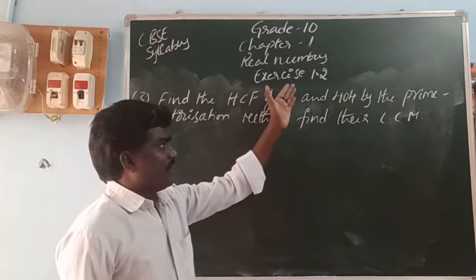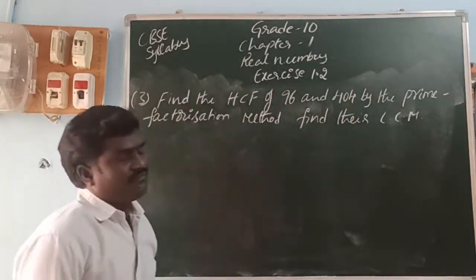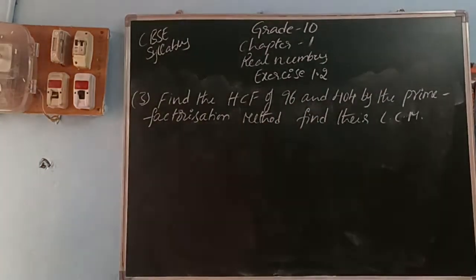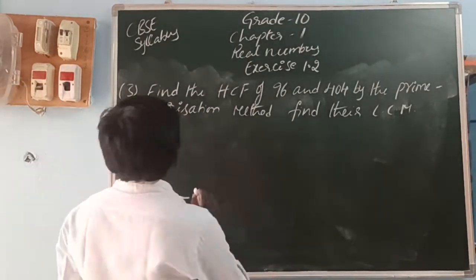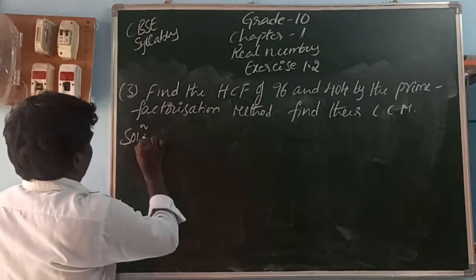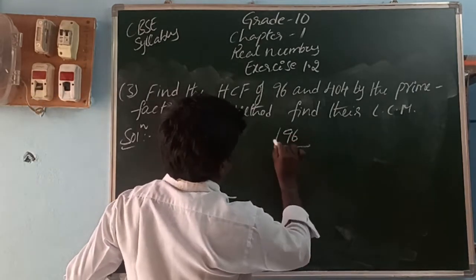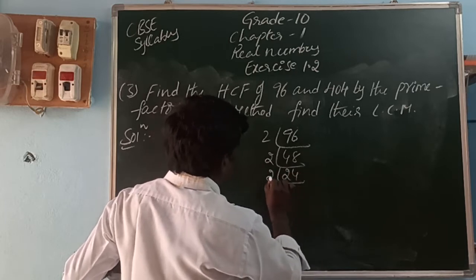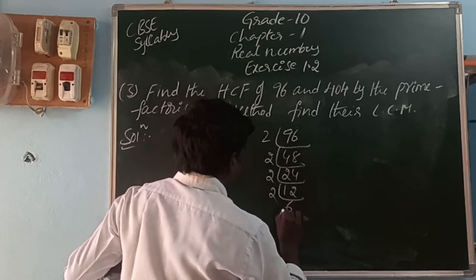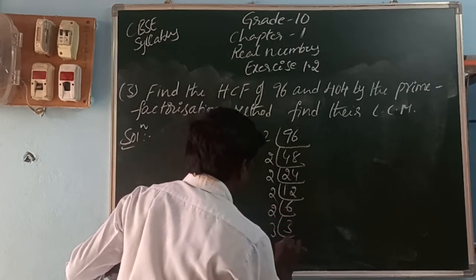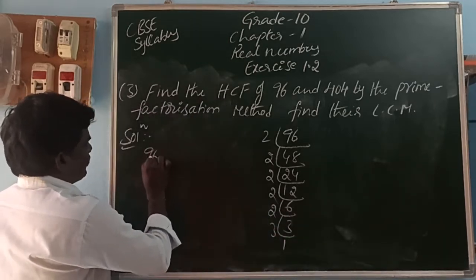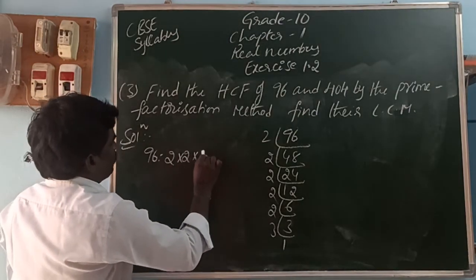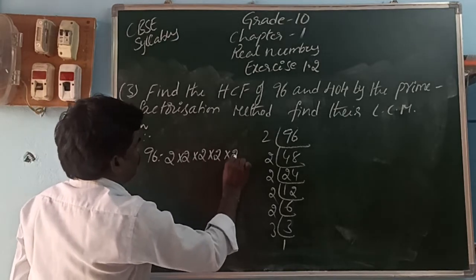Find the HCF of 96 and 404 by the prime factorization method. Find their LCM. Here, 96: 2 48s are 96, 2 24s are 48, 2 12s are 24, 2 6s are 12, 2 3s are 6, 3 ones are 3. So 96 we can write as a product of prime divisors: 2 into 2 into 2 into 2 into 2 into 3.